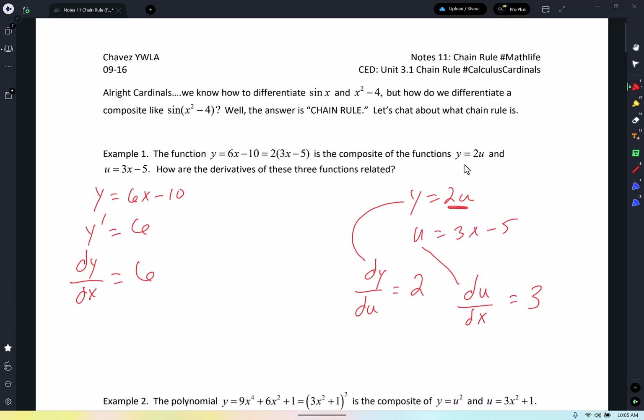So chain rule really is this. dy dx equals dy du times du dx. This dy du is like saying derivative of the outside, leave the inside alone. And this du dx is like saying derivative of the inside. Notice that the du's cancel, and you just get dy dx.